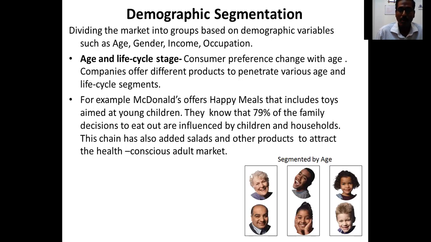And for the old people, they might have a product related to food, with added minerals and vitamins, like a calcium drink or something, which is very much needed by the elderly people.